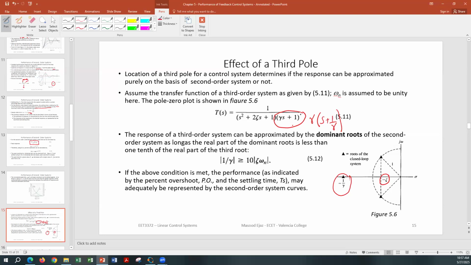So percent overshoot, settling time, and all those things. If this criteria is valid, then you can just use the second order system and calculate all those things, assuming that the curve, because of the third pole, died down very quickly.